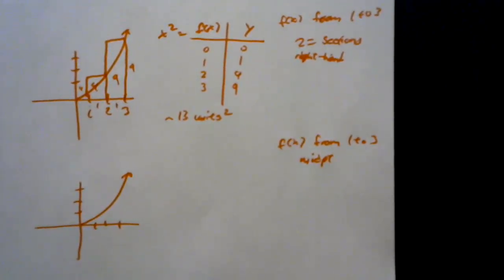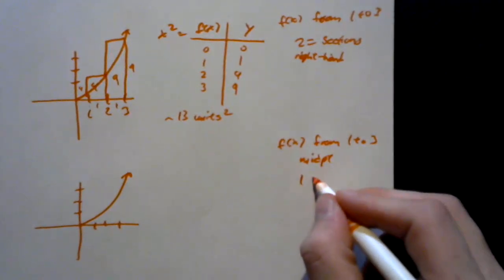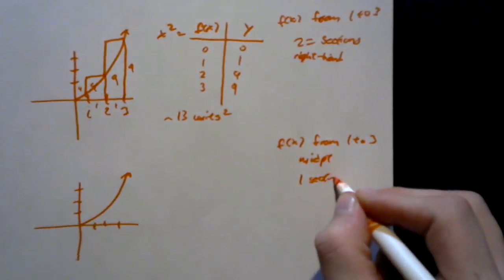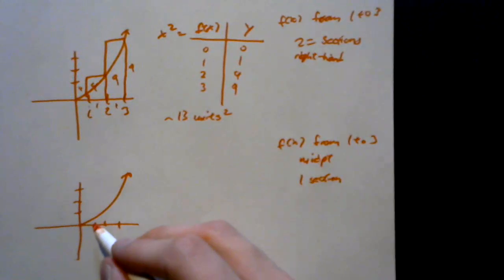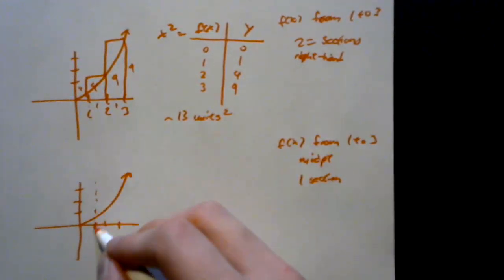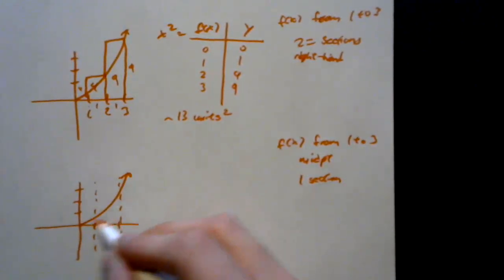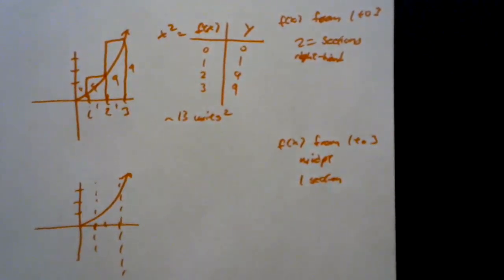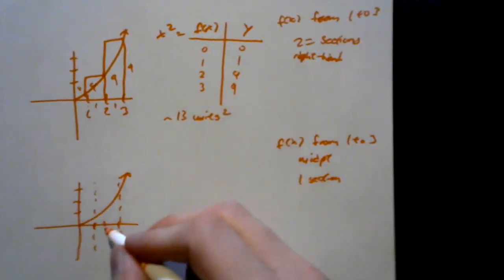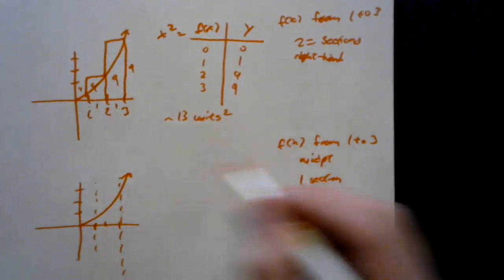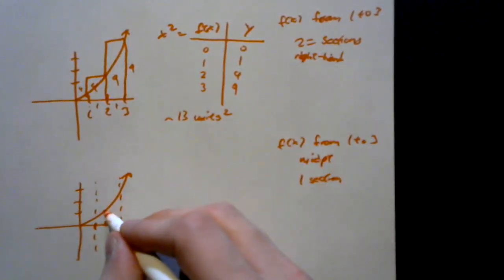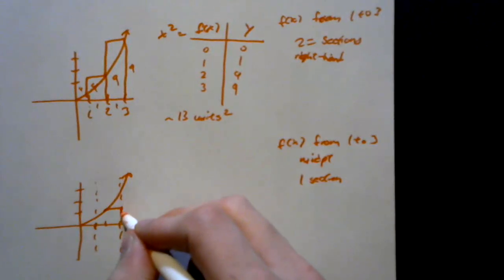And I don't remember if they asked for how many sections there are, but technically there's only going to be one section. Because if we're going to do it from here and here, so we're trying to find the area under here, we take the middle point, which would be 4, and you go over here and drop it down.